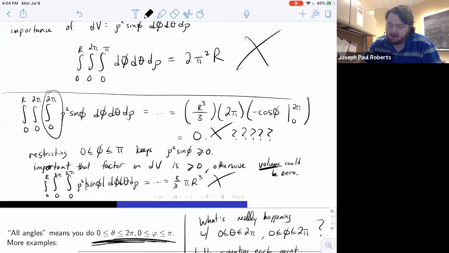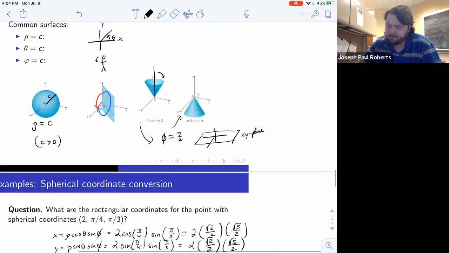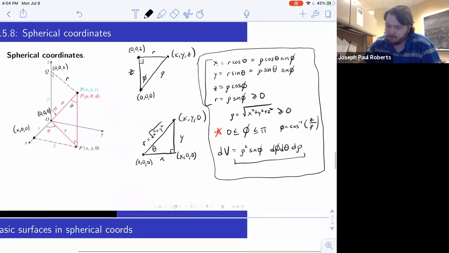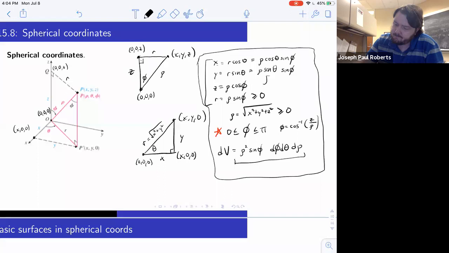So something you could see from up here is that since rho is never negative, whether z is positive or negative is determined exclusively by whether cosine phi is positive or negative.